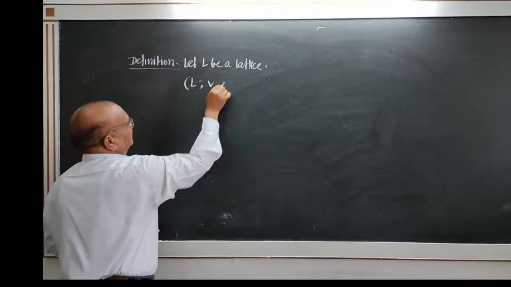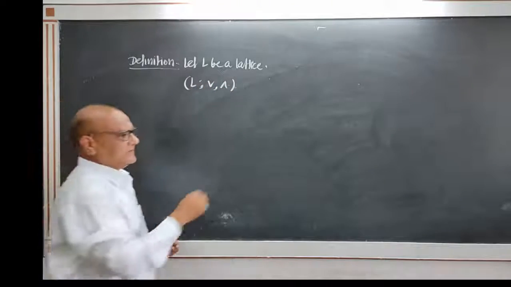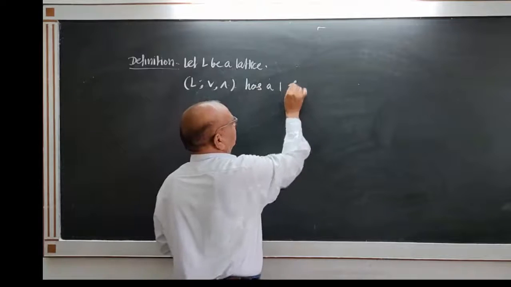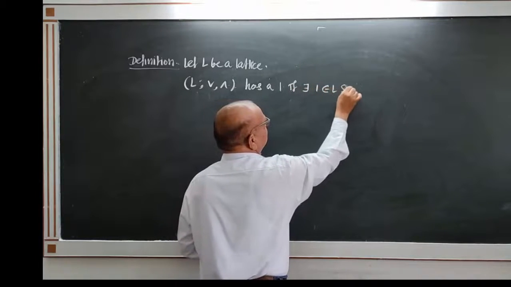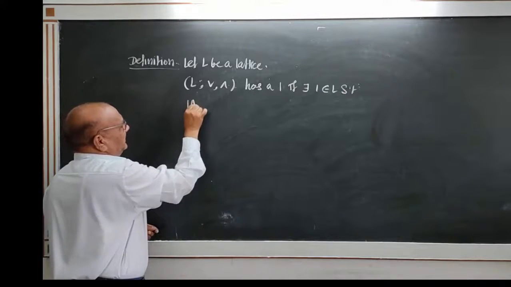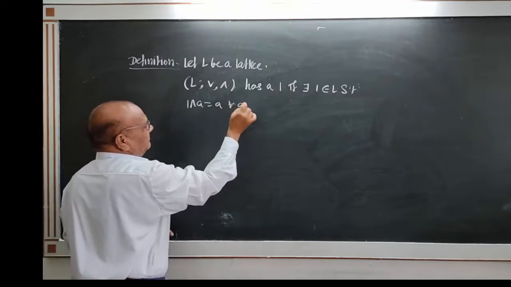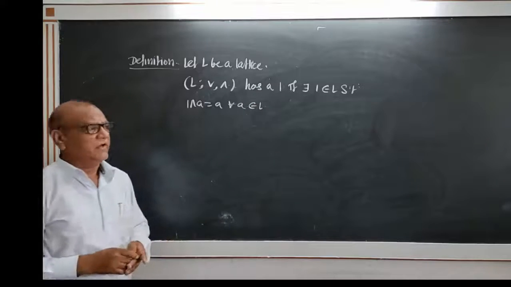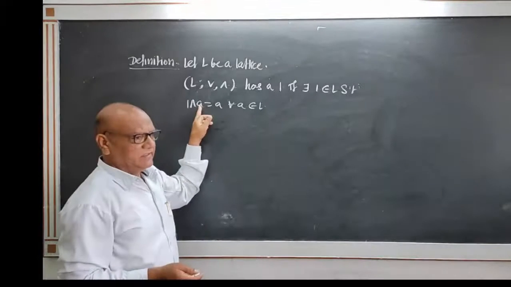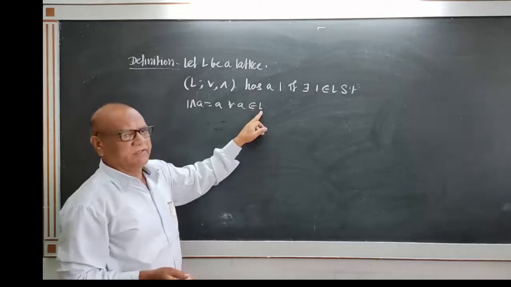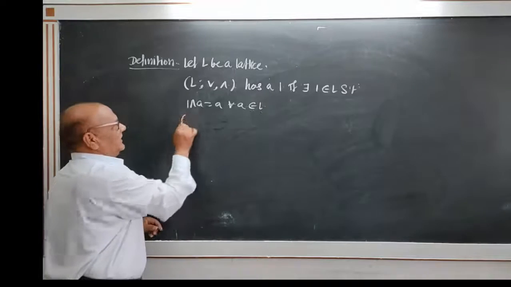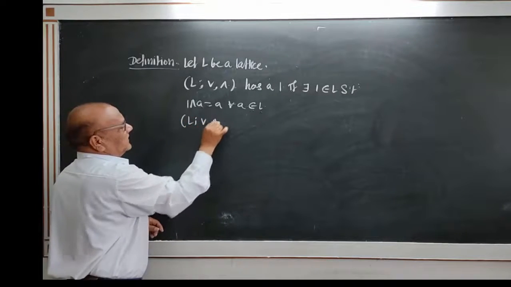L, this algebraic structure, has a 1 if there exists 1 belongs to L such that 1 meet A is equal to A for all A belongs to L. If it has a 1, then if we take 1 meet A is equal to A for all A belongs to L, then 1 exists.